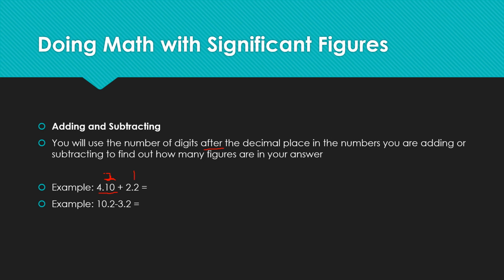So your answer can only have one number past the decimal place, because you know what the second decimal place is in 4.10, but you can't accurately say that you know what the next decimal place is in 2.2. It could be 0, but it could also be 1, 2, 3, or 4, because those numbers would not round up the 2 ahead of it. So we don't want to assume that it is 0. When we add them together, you get 6.3.